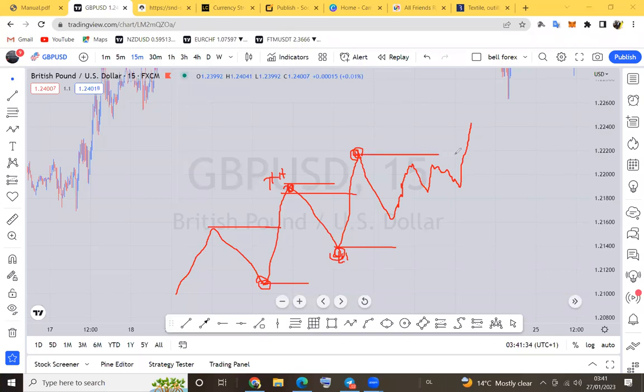Then put your high here. If I then ask you, where is your low? This is a low. This is a low. But now, the lowest point that created this high is this one right down here. So this point down here will be your swing structure, and these ones here will be the internal structures.